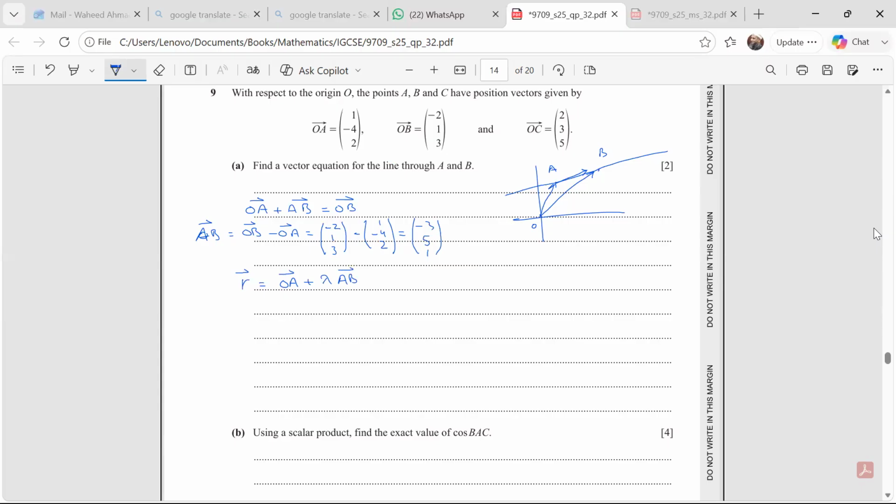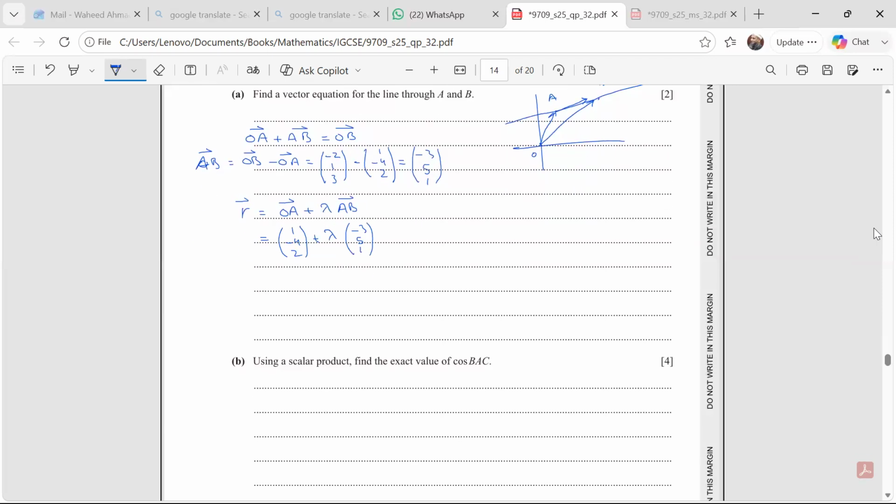This constant varies. So it is (1, -4, 2) plus some number times AB, which is (-3, 5, 1). So this is the expression, the vector equation for the line AB.